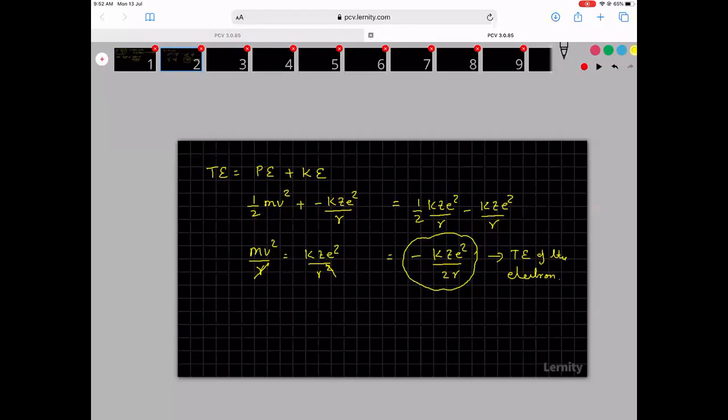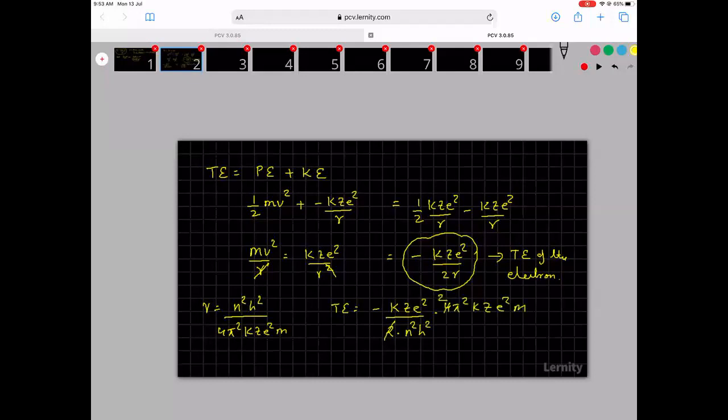First you reach here. Then you know r is equal to n square h square by 4 pi squared k z e square m. You can make that substitution, and you can say total energy is equal to minus k z e squared by 2 times n square h square into 4 pi square k z e square m. So this 2 will get cancelled here.